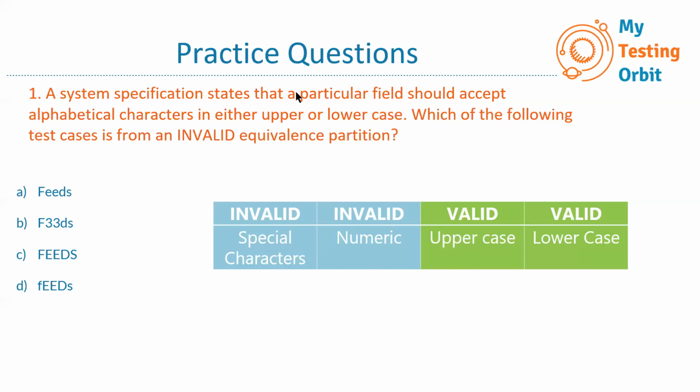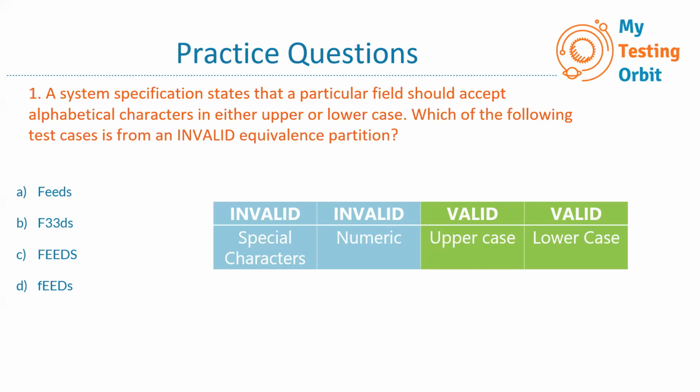Okay, Sahana is asking, how can date be validated using boundary value? So Sahana, if we have a range of dates, let's say from January to March, that would be our valid range.